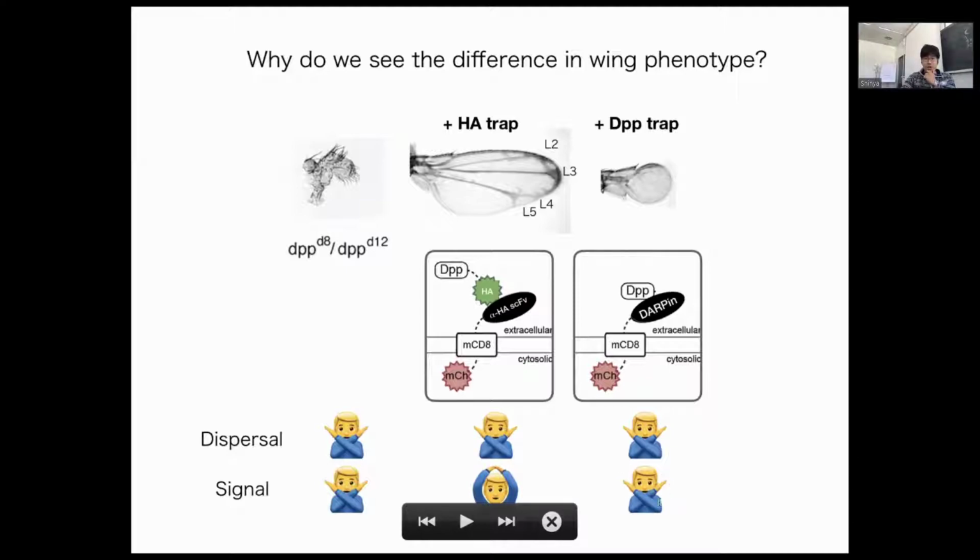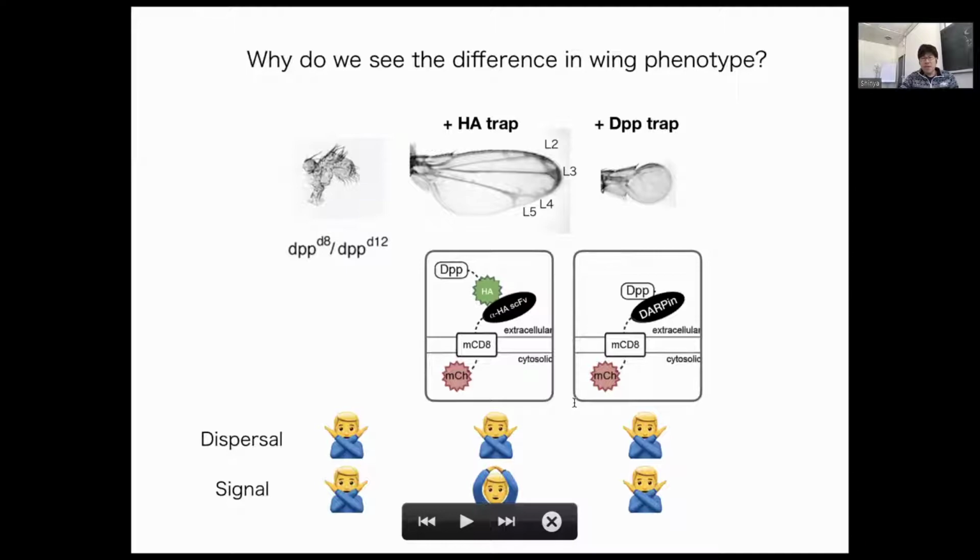In the case of DARPin, the DARPin traps DPP directly, so most likely it blocks DPP binding to the receptor. So this appears to cause a big difference in the phenotype.